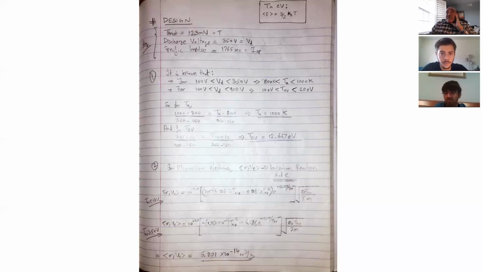Just one second. When the discharge voltage is 350 volt, and you have an ion moving in this electric field, it will have a temperature of 1000 K, which means the energy of the ion would be extremely low if you convert the K to electron volt.